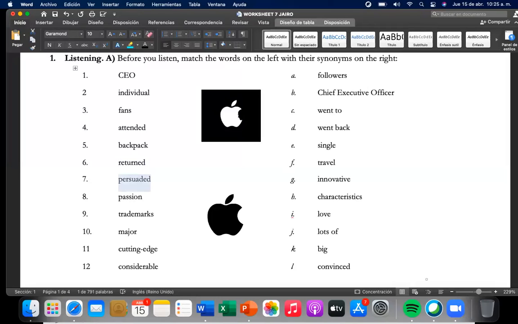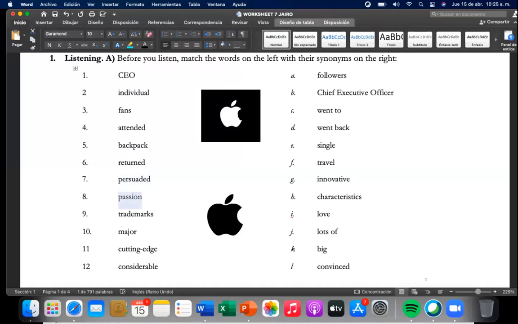This one, persuaded. Convinced. Okay, convinced. Right? So persuaded is convinced. Very good. This one, passion. Love.